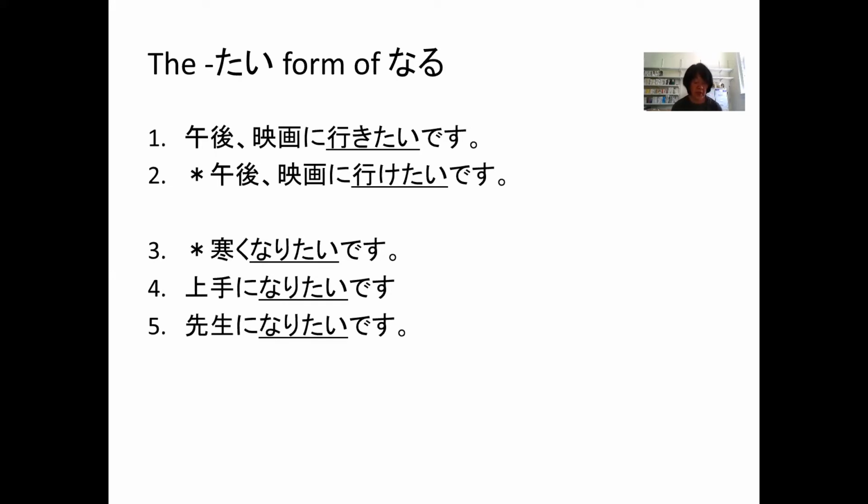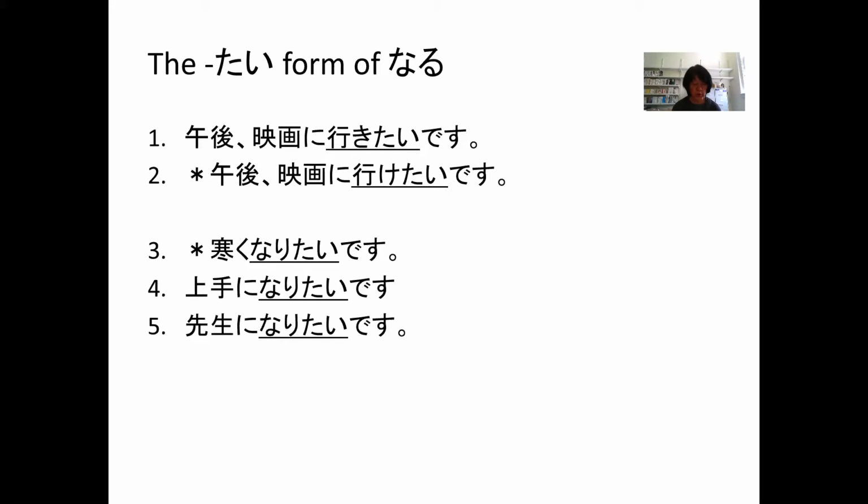In the next few pages, we will show that the verb naru has different meanings. First, let us see how naru can be used with the suffix tai. Recall that the tai form is used to express the speaker's desire to do something. The tai suffix is used by joining it to the stem of verb. For instance, the stem of the verb iku is iki, and ikitai is the tai form of this verb, meaning that the speaker wants to go somewhere.